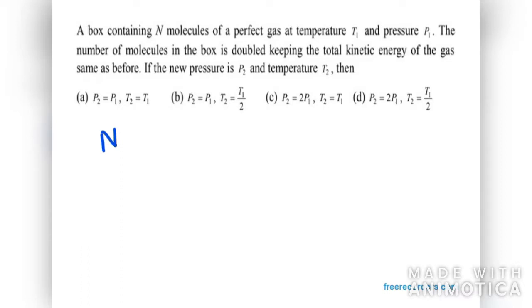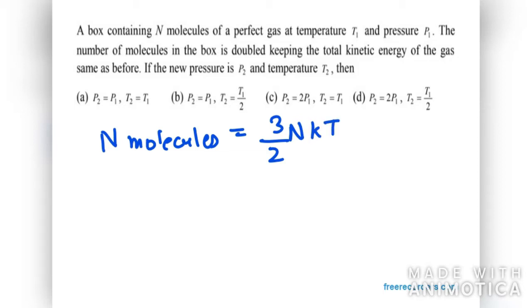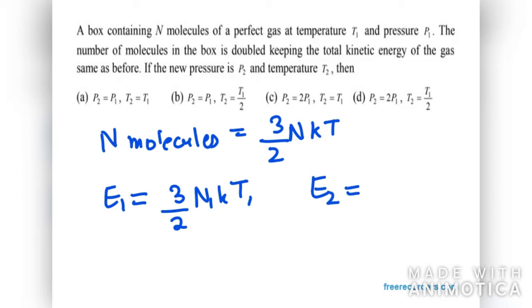Now, if we have n molecules, we have 3 over 2 nkT. Initially we have E1, so it will be 3 over 2 N1 K T1. K is constant, so I will keep it as K. The final one will be E2, so 3 over 2 N2 K T2.